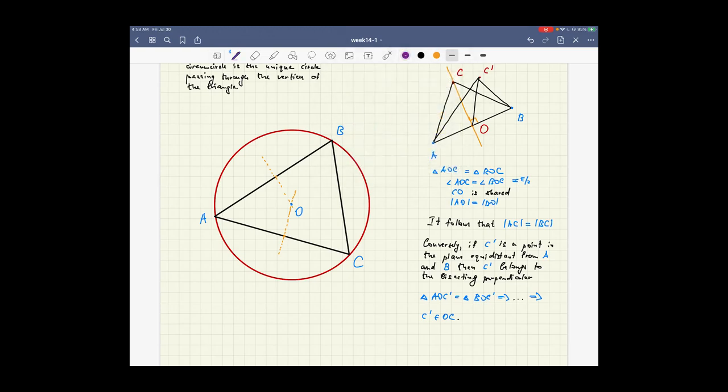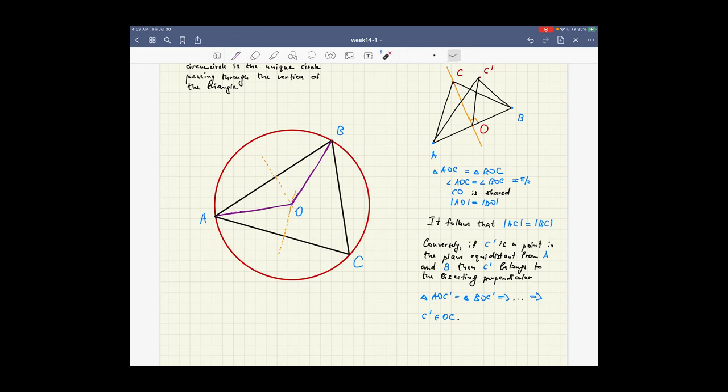We see that point O is equidistant from the points A and B. That is because that point lies on the bisecting perpendicular to the side AB.